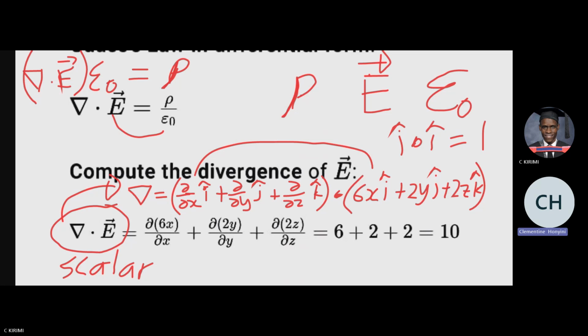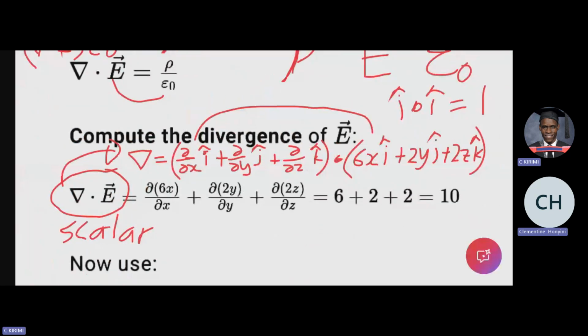So the partial over partial x multiplied by 6x gives you the partial of 6x. i times i is 1.